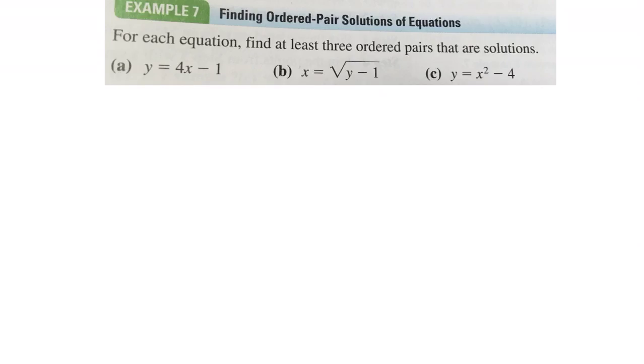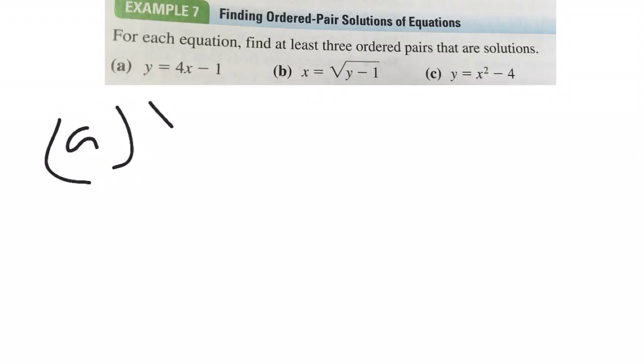So for each of these equations now, we're going to focus on finding ordered pair solutions, meaning x and y values that fit the equation. So for part A, for 1, the way we find ordered pairs that work is we plug a number into one of the variables and we solve for the other.